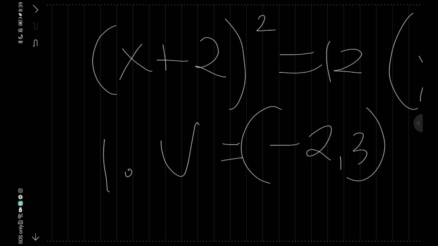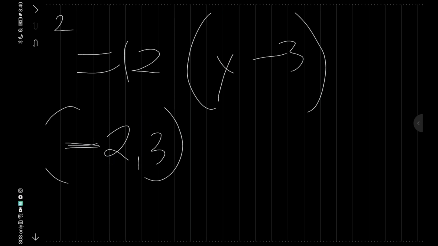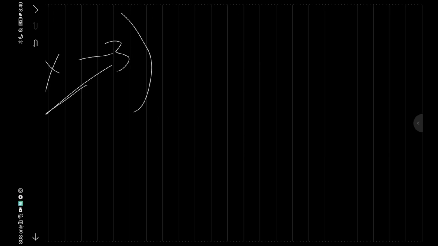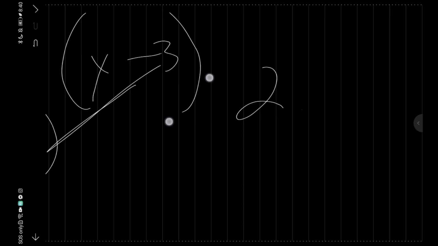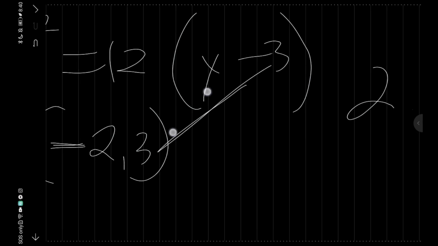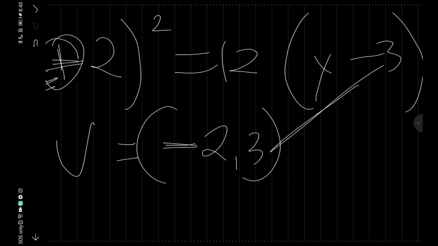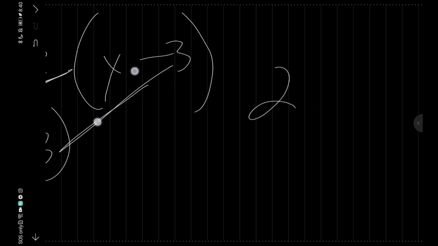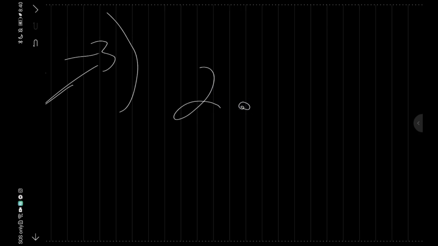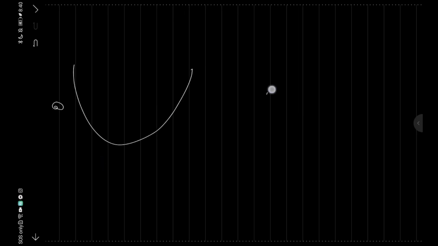As I said earlier, you get the opposite sign: here it is positive and it becomes negative, and the same as here. For step 2, you identify the opening. Since the squared variable is x and the number is positive, it opens upward.